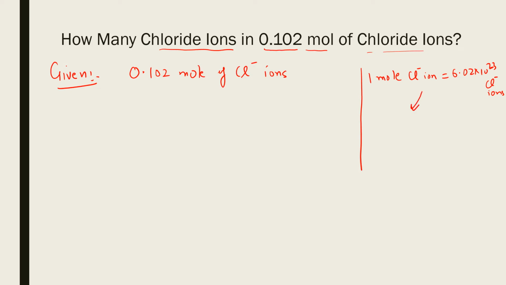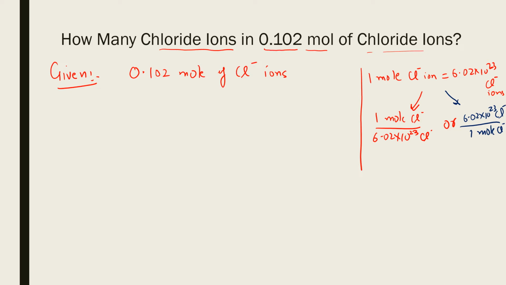One conversion factor has the left hand side on top: 1 mole chloride ion divided by, I'm going to skip the word ion, it's understood, 6.02 times 10 to the 23 chloride ions. Or the second is in which we write the 6.02 times 10 to the 23 ions on top and 1 mole at the bottom. In other words, it's either going to be left hand side over right or right over left. So this is a simple dimensional analysis trick.